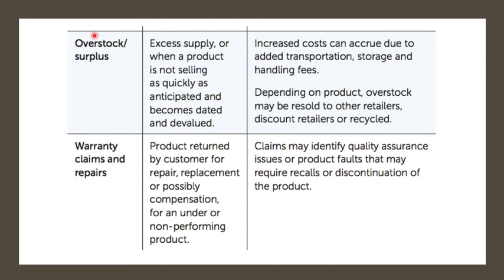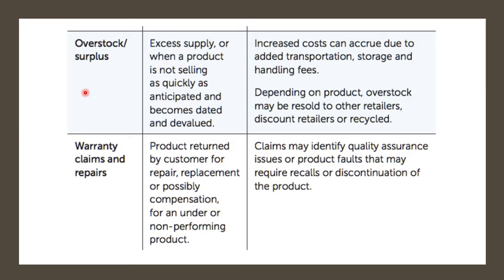Then the other point is overstock and surplus. When you have excess supply or when the product is not selling as quickly as anticipated and becomes dated and devalued, at that time it's termed as overstock and surplus, and it needs to be returned because it is no longer valuable for the company.